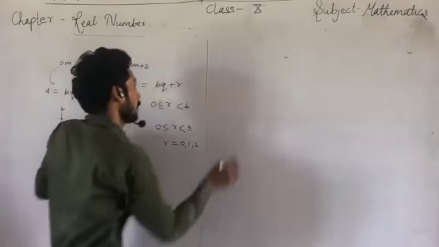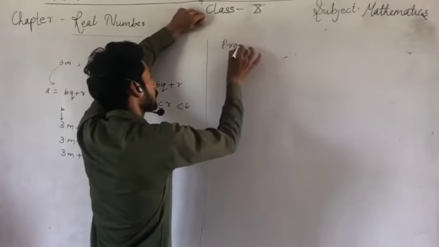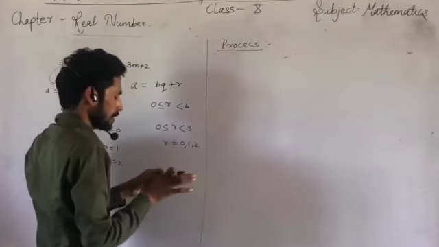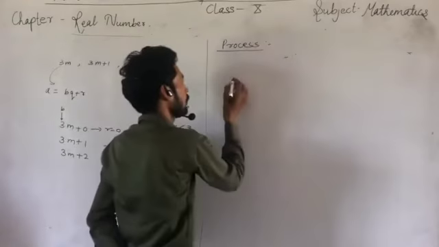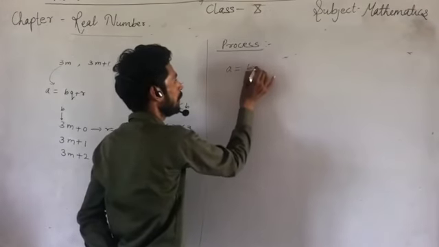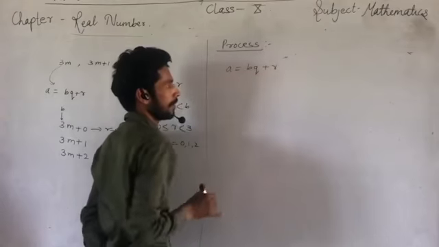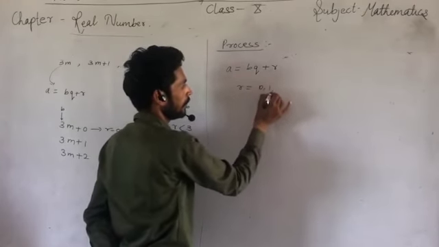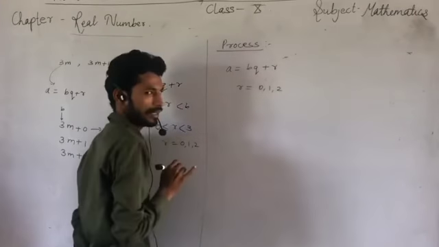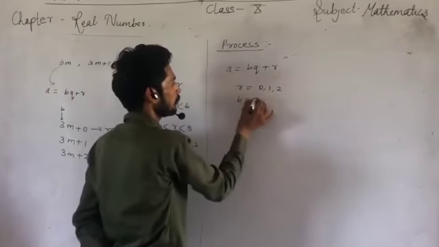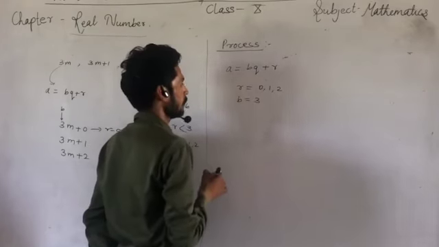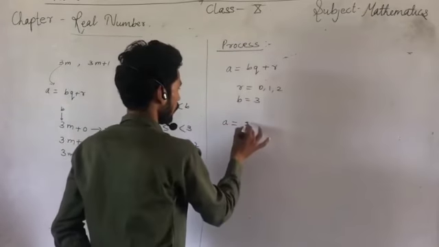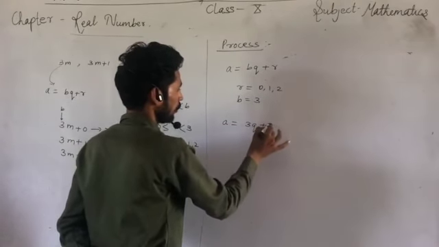Now, the process. In this condition, A equals BQ plus R, where R equals 0, 1, 2. Is that clear? The value of B equals 3. Now, A equals 3Q plus 0.